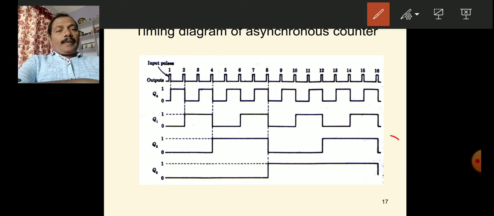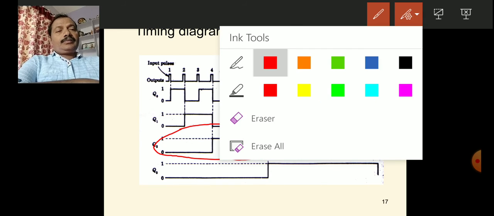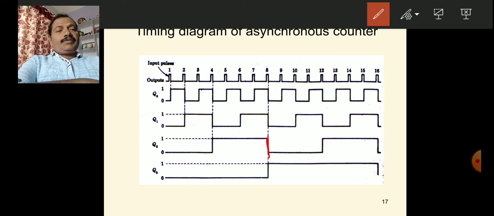Next, this Q2 waveform acts as a clock signal to the FF3. That means each negative edge will activate the FF3. So this is the negative edge.